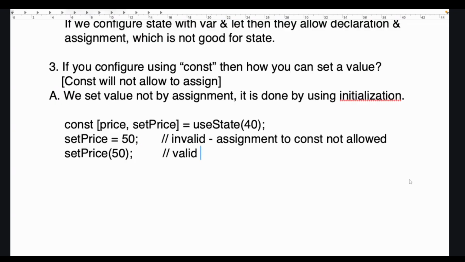What do the parentheses indicate? They allocate memory again, and in that memory you can pass in new data. That means you cannot assign, but you can initialize. If anyone asks how you will set a value in a constant, the answer is by initialization, not by assignment.